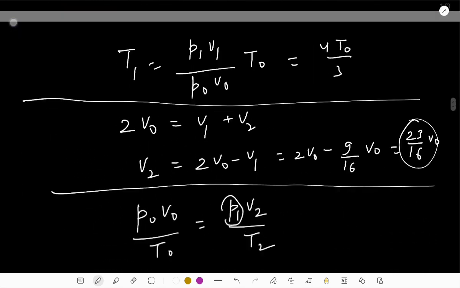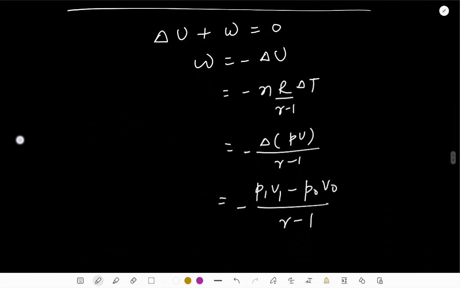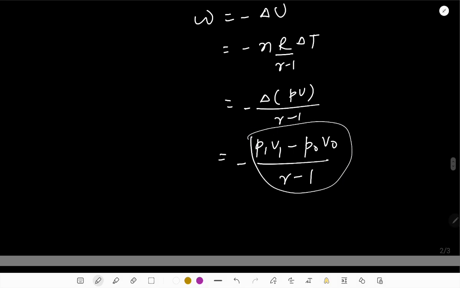That means the numerical value obtained from this expression will be enough, and it must be minus, so you will finally get the result as 2 P0 V0 by 3. It's the simplest of the problems. Only we need to know what to use, when to use. And thank you very much for watching.